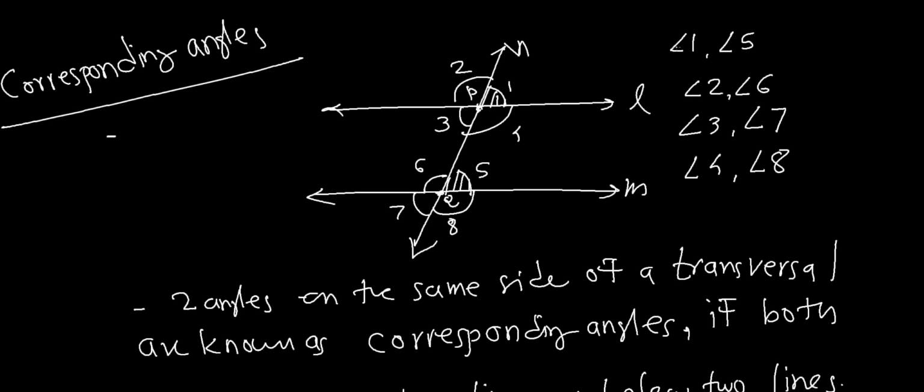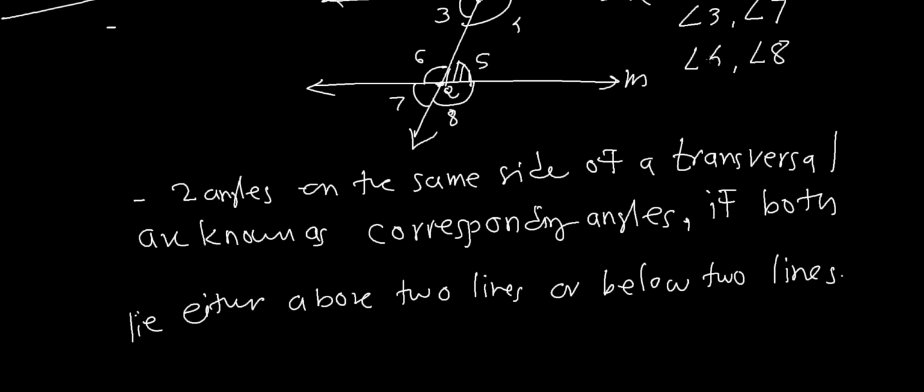So here we'll see angle 1 and 5. They are on the same side of the transversal, that is the right side, and both lie above the lines L and M respectively. And if we say 3 and 7, they lie on the same side, that is the left side of the transversal.